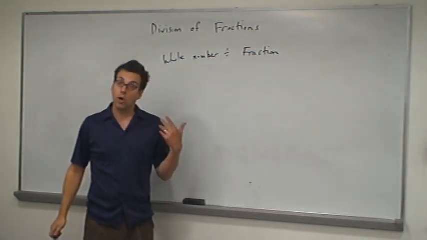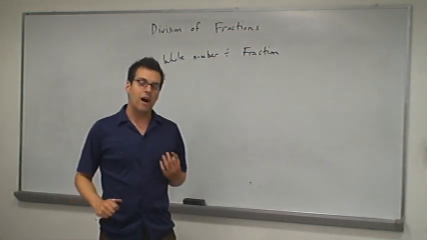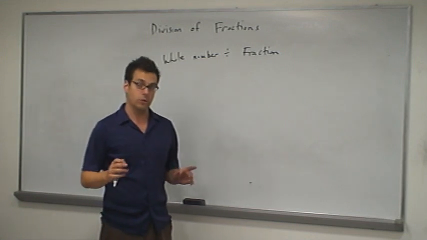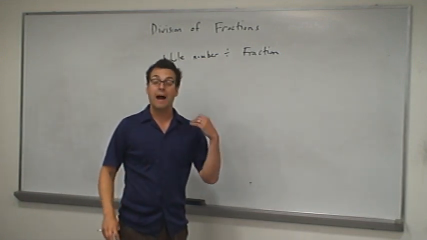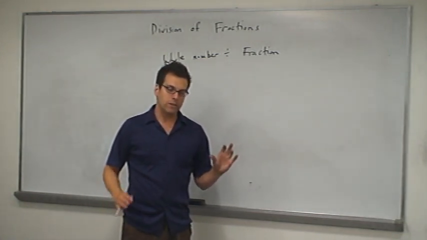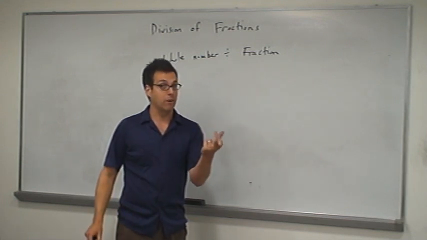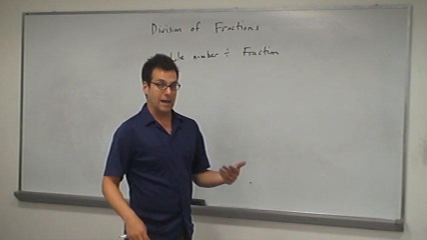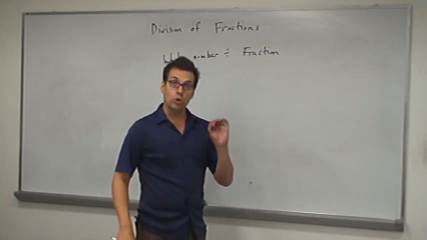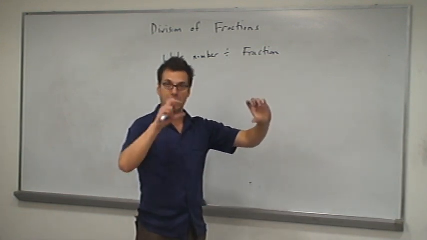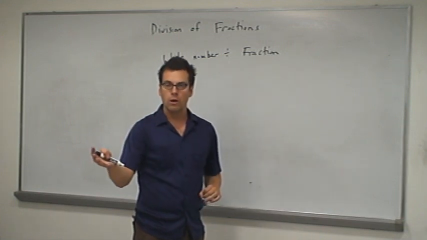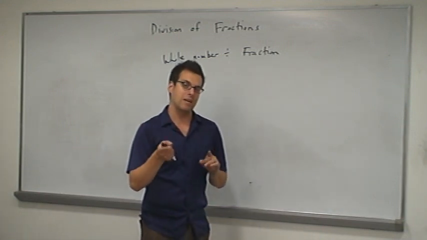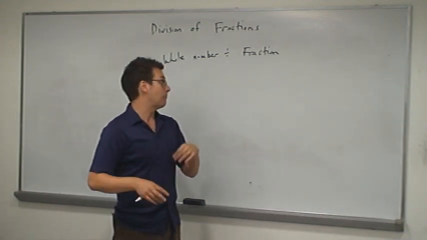One reason for really going through all of these stages is that oftentimes when children are exposed to a certain idea, they really focus in on what that very, very particular problem looks like. So they might have a thought process that is something like the following. Well, if it looks like a fraction divided by a whole number, this is the rule. But maybe they won't connect the same rule as being valid if the problem looks different.